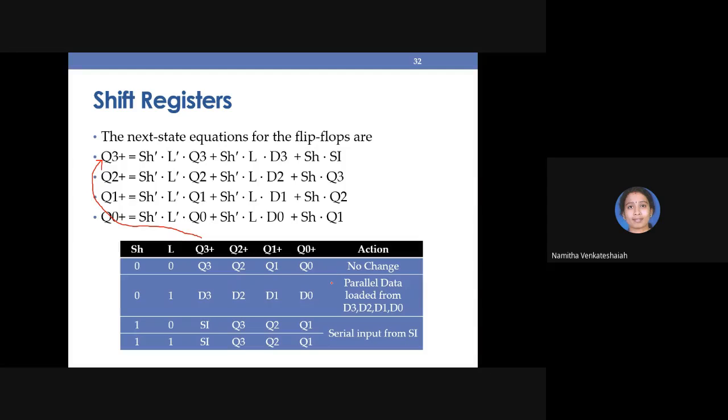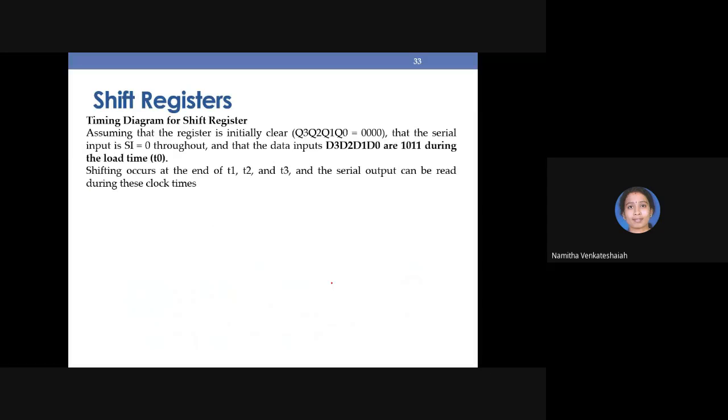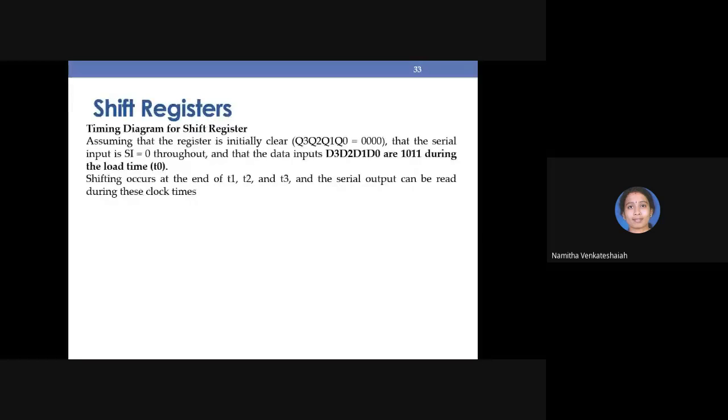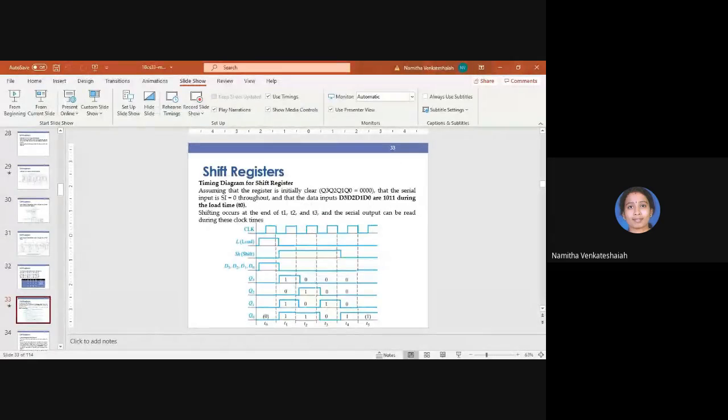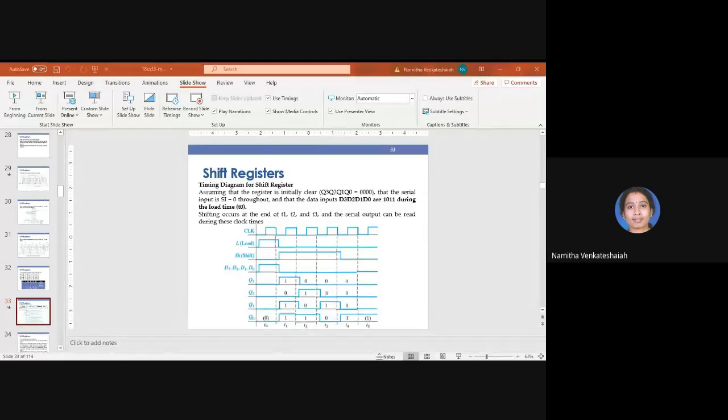These are the next state equations. Could you follow this much, students? Are you able to follow the universal shift register, its next state equation, and the circuit diagram we have written using mux?